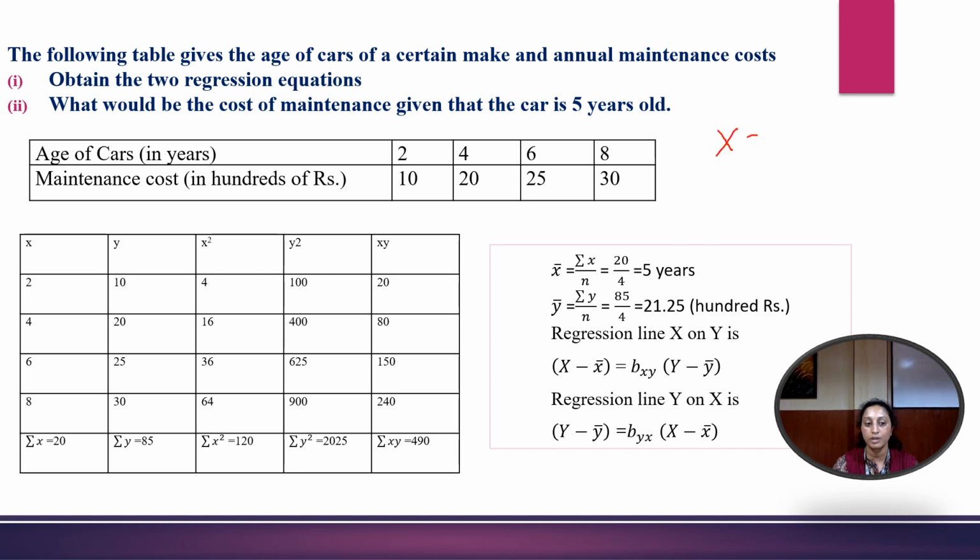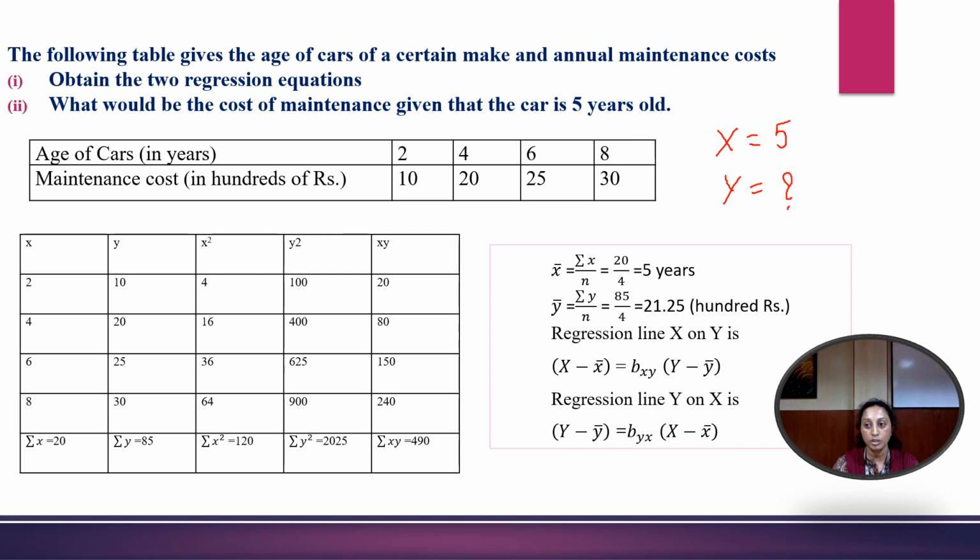Here I have taken variable X to represent the age of the car. So we want to see, if the age of the car is 5 years, then what would be the maintenance cost? That means, what is the value of Y? What is the maintenance cost?